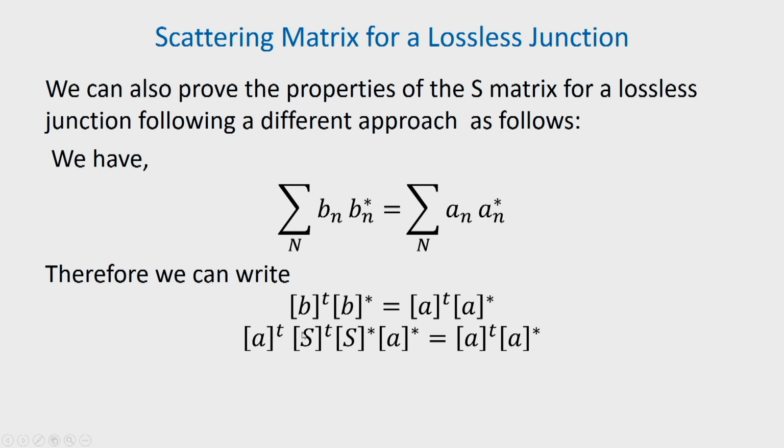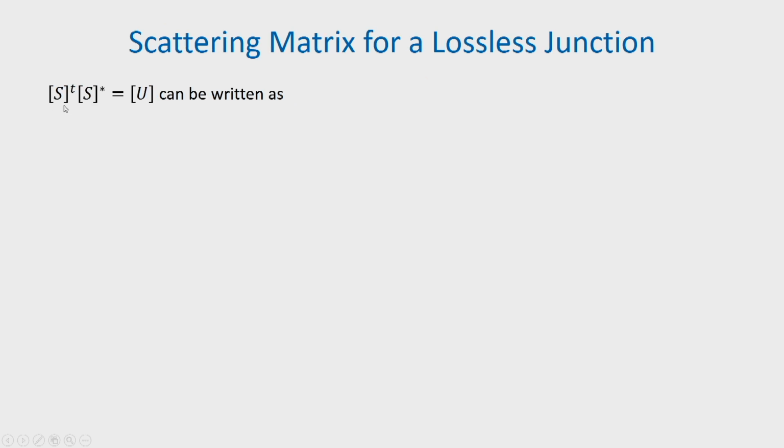That means this term will be a unity matrix. So S transpose S conjugate equal to U can be written as summation k equal to 1 to n S k i S k j conjugate is equal to delta i j.